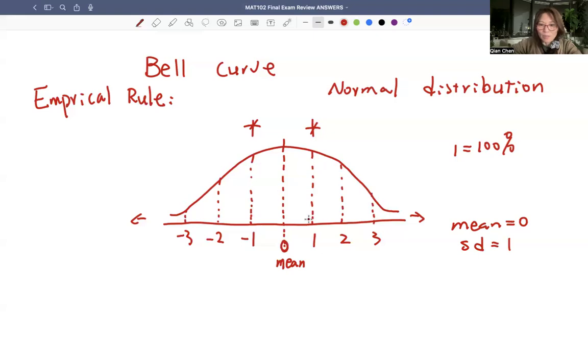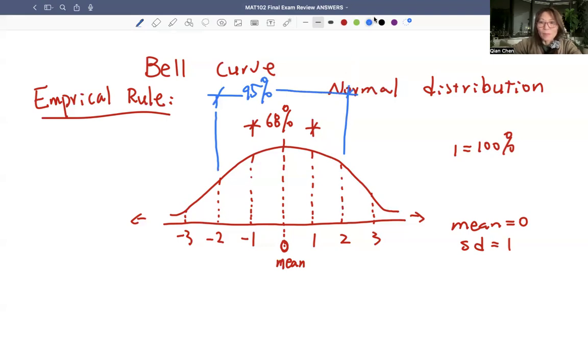So one standard deviation apart, that's 68% of the data values. This is what the empirical rule tells us. I'm changing my color. Within 2 standard deviations apart, it's 95% of the data.